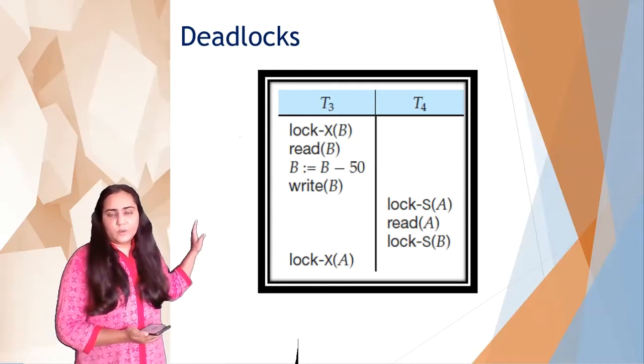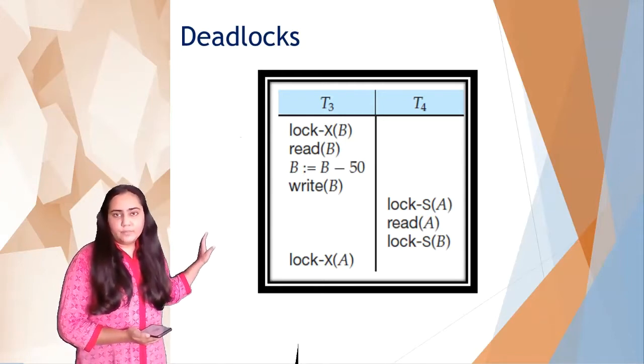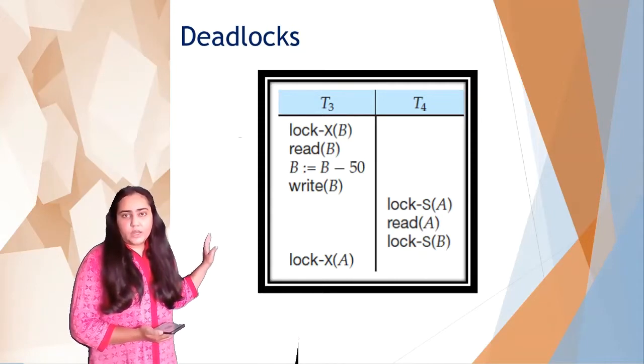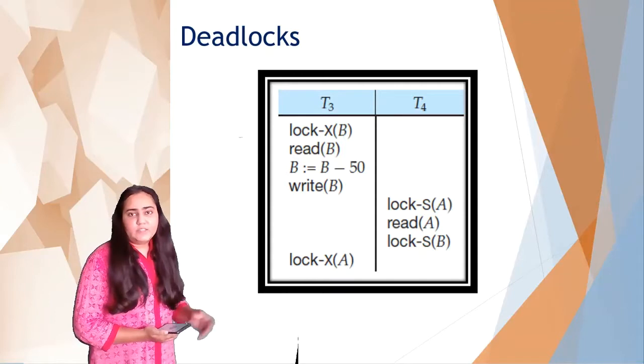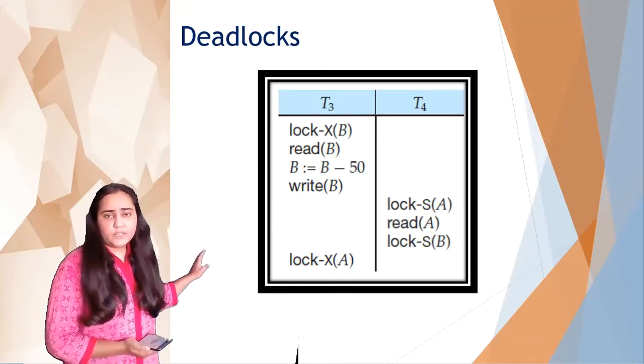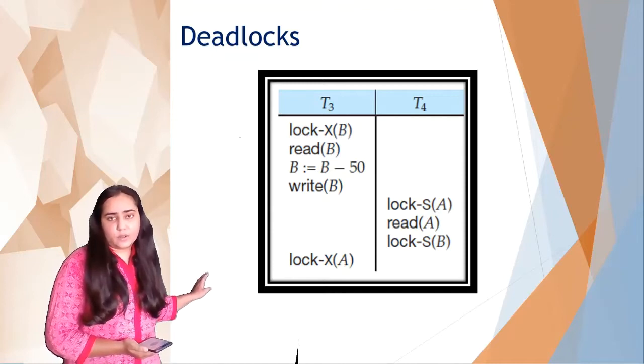T3 is holding an exclusive lock on B, T4 is holding a shared lock on A. Now, look at the point where T4 is asking for a shared lock on B, and T3 is trying to ask for an exclusive lock on A.